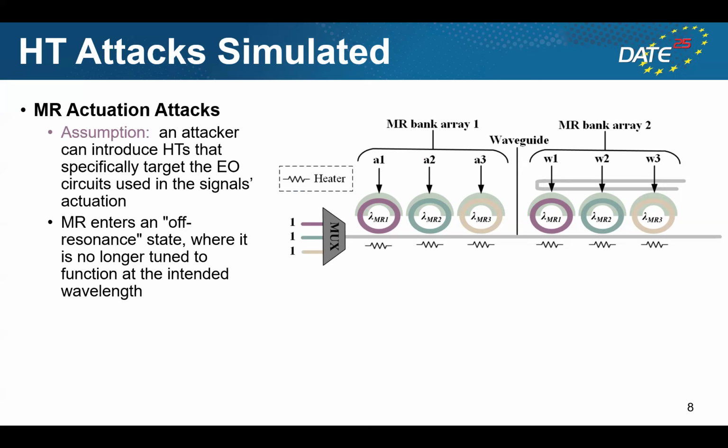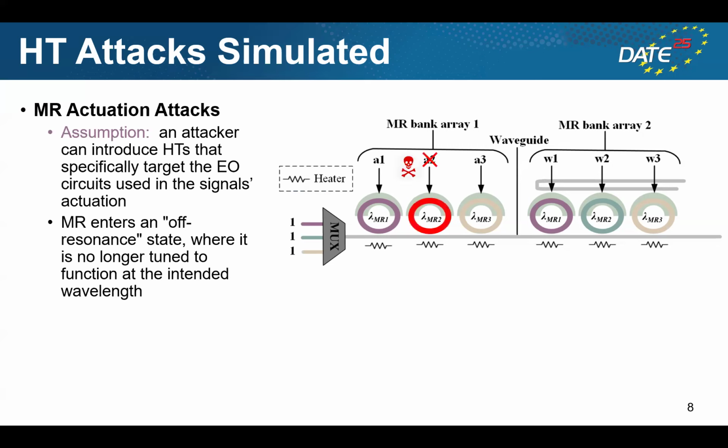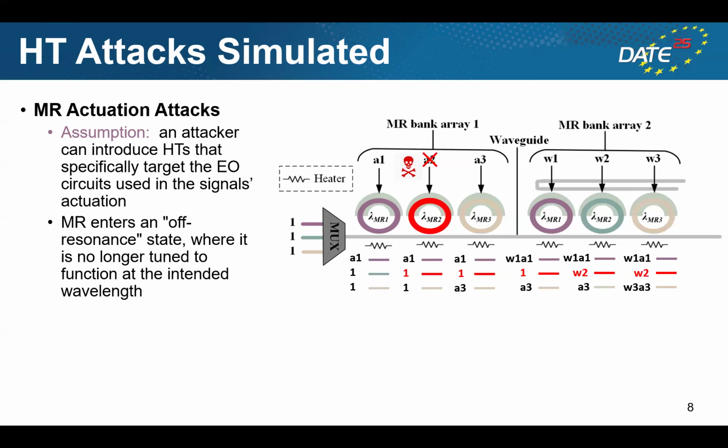So in other words, it's not operating as we expect. To visualize what this means, if you look at this figure, here are the values we expect to see at each stage of operation. However, if the attacker attacks this specific MR, the A2 activation value will never be imprinted onto the second optical signal, and thus, as you see, the value carried by this optical signal will be corrupted or incorrect.